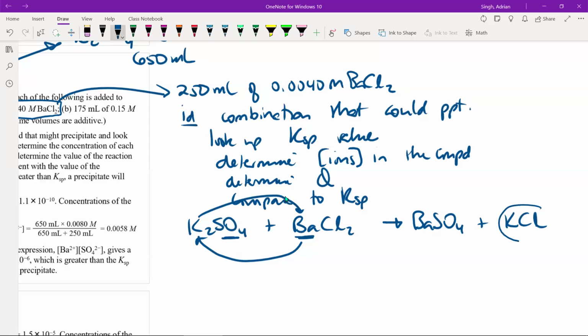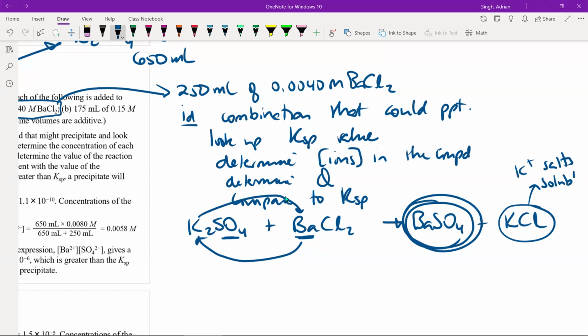But group 1 metal ion compounds are soluble. So the only other thing that could form precipitate would be this one, right? Potassium salts are always soluble. You can look at your solubility table to determine this. So this here would be our candidate.